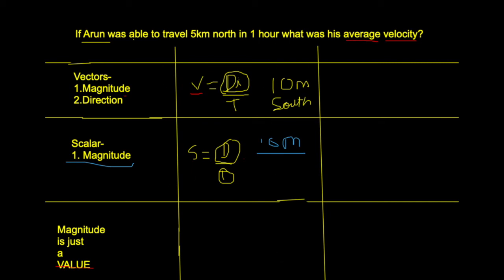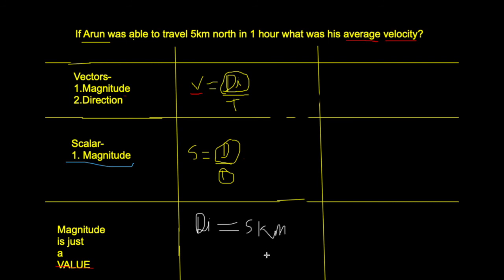So now, since we know quite a bit, I think we can solve this problem. We already know the formula, so we can write. The displacement is equal to 5 kilometers in the north, and I'll just write N. And for time we can say 1 hour.